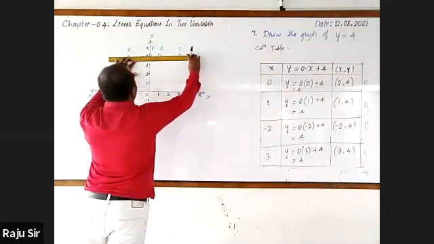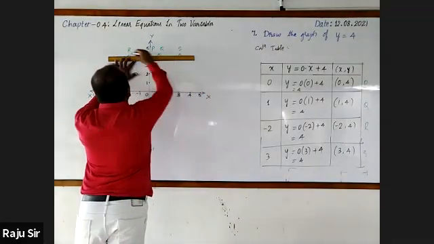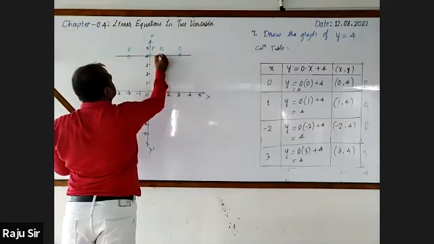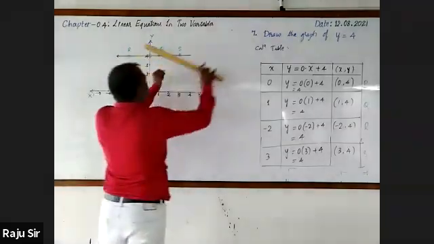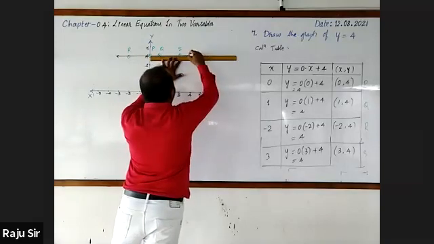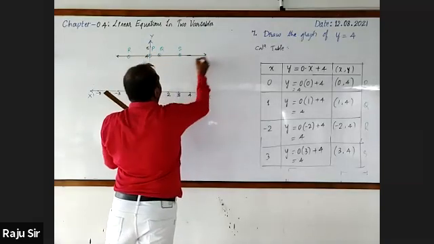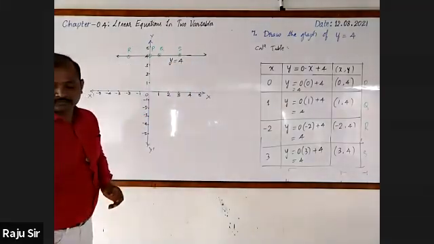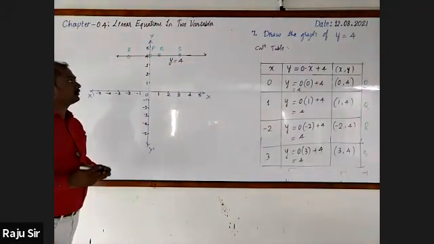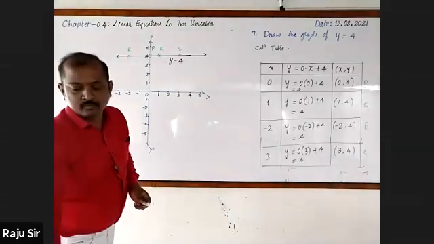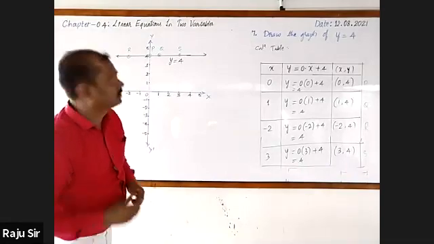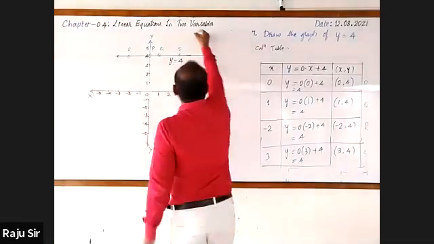Join all the points. Sir, we should draw that line. Right. It is y equal to 4. Sir, we should write the scale.